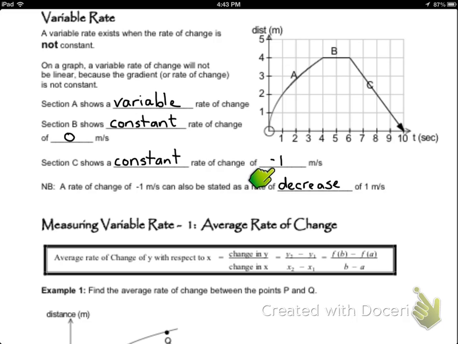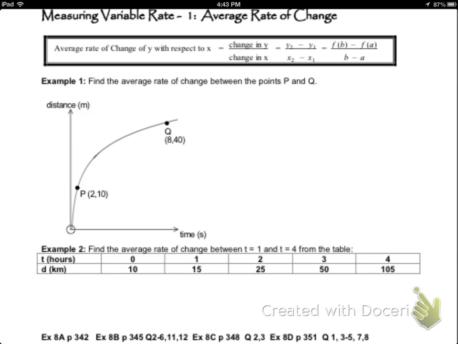In this graph, we can see that the rate of change of distance with time is variable. The rate from P to Q is variable. However, we might like to just, as an approximation, calculate the average rate of change from P to Q by taking the formula change in y over change in x, which is really the gradient formula, or f(b) minus f(a) over b minus a.